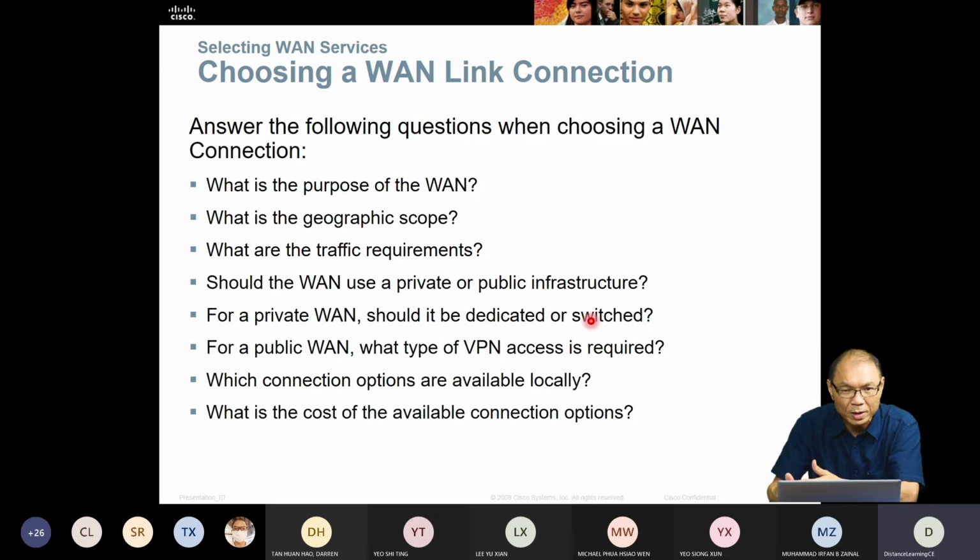It is just to give you an overview of the available options that you can use when you want to connect to a wide area network. The technology is always evolving. There's always something new. After 1 year, 2 years, you notice that more researchers will come out with new technologies.